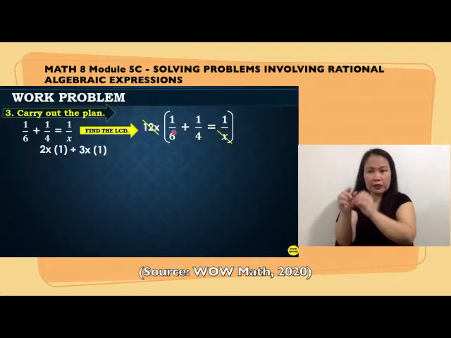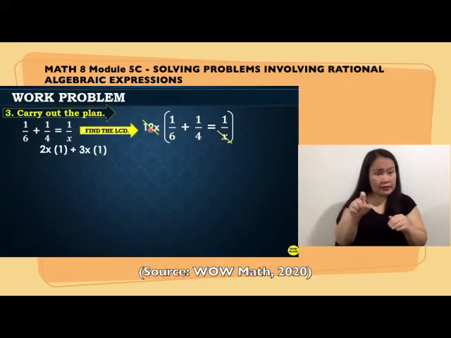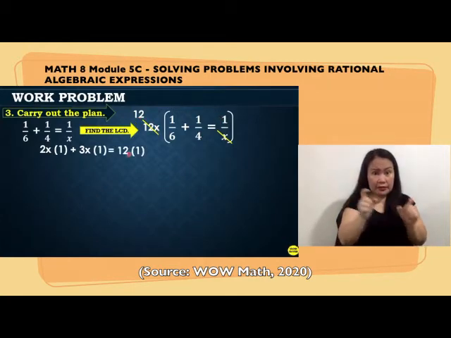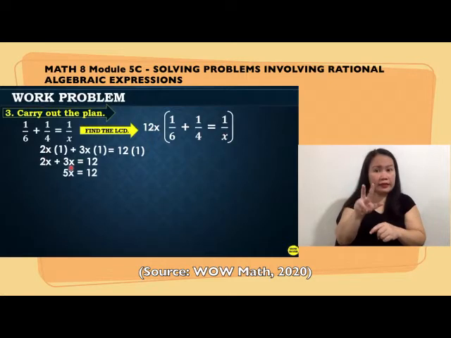Equals, the next is 12x divided by x. So, makakancel si x. Ang matitira na lang ay 12. So, 12 times 1. Now, let us simplify. 2x times 1, that is 2x. And then, this is 3x equals 12. So, 2x plus 3x, that is 5x is equal to 12.